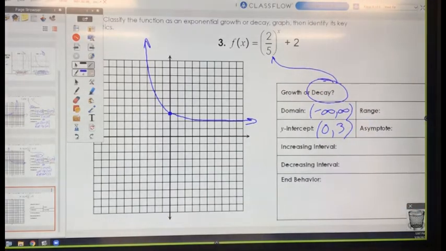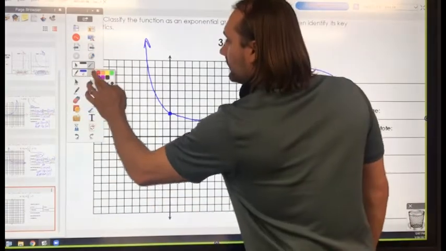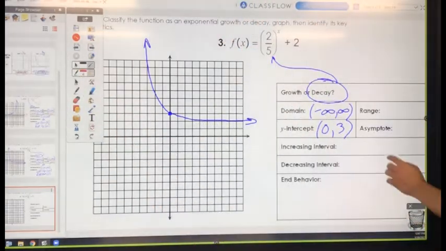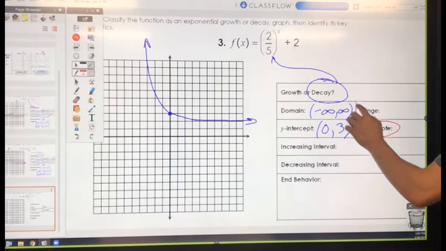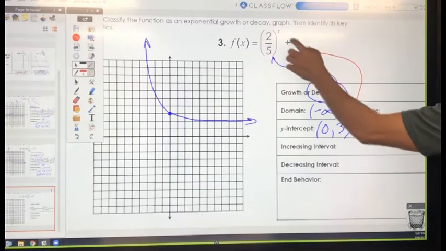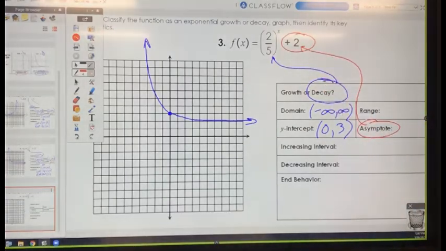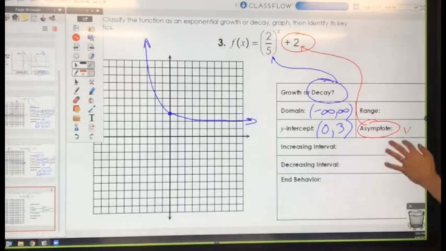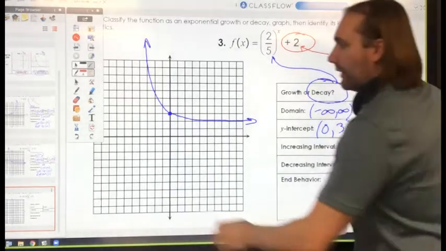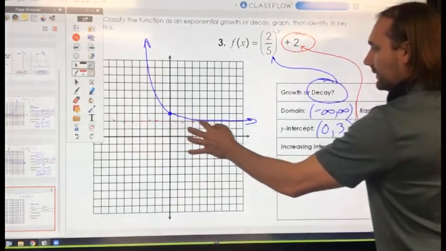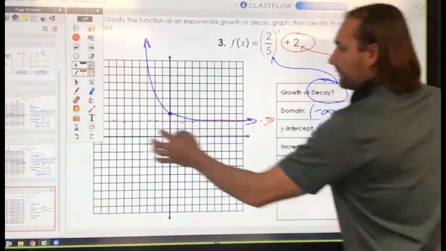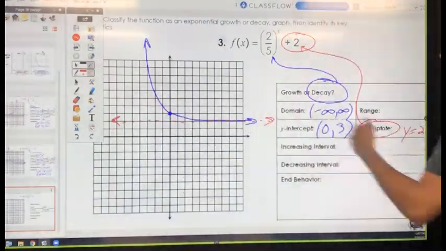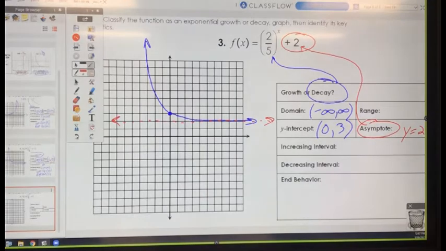What is my y asymptote? Close. It's that number right there. Y equals 2. I'm going to graph that in here. Looks about right to me, as my graph rides right along 2.